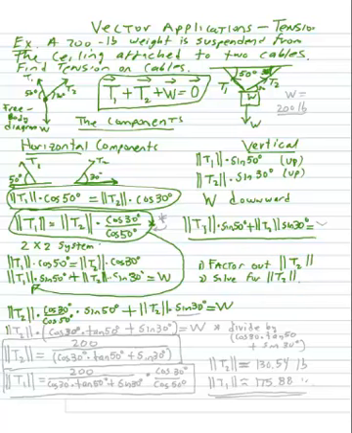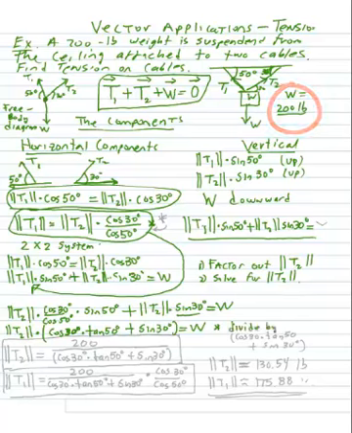Factoring it out, we have the magnitude of T2 times the parenthesis cosine of 30 degrees times the tangent of 50 degrees plus the sine of 30 degrees is equal to W, the weight of that object, which is 200 pounds.